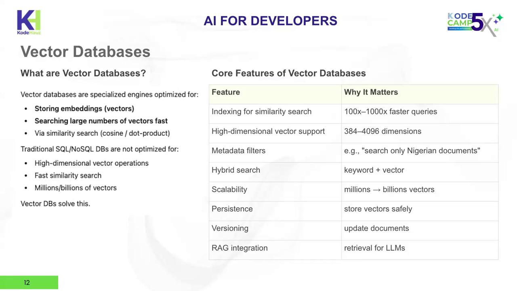But more importantly, you have to search fast. The whole essence of a database is being able to search, querying and searching very quickly. And not just searching, but similarity search, because for vector databases, the most important thing is similarity search.